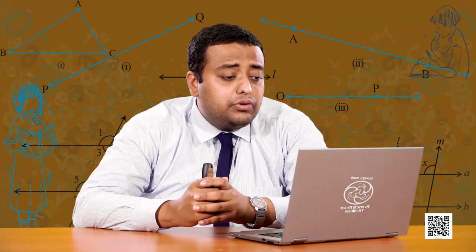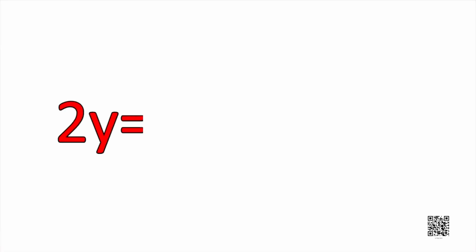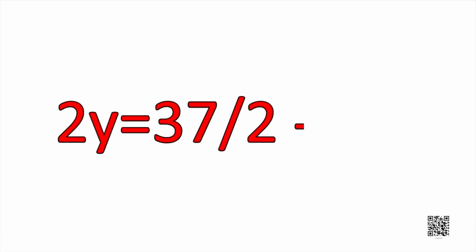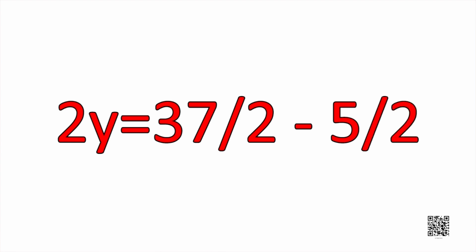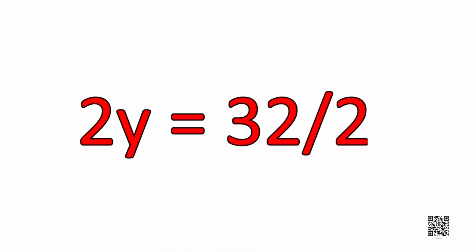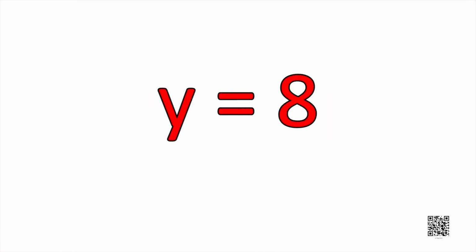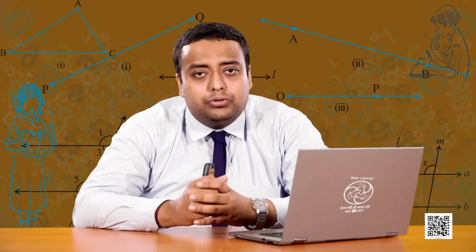First, we will transpose the 5 by 2, which will bring us to 2y is equal to 37 by 2 minus 5 by 2, which is 2y is equal to 32 by 2, which will be further solved to 2y is equal to 16, which will be solved to y is equal to 8. Hence, 8 is the answer. You can further check it also.